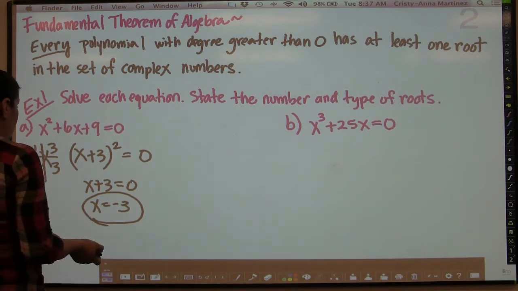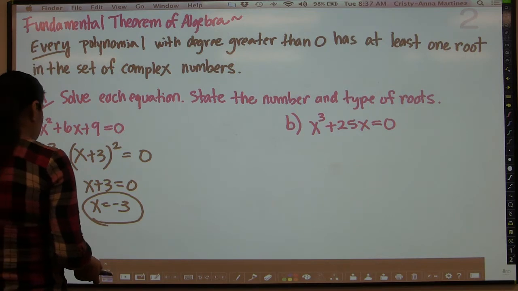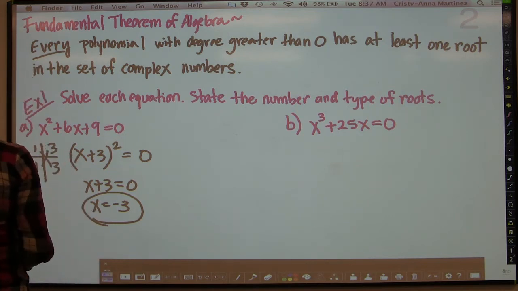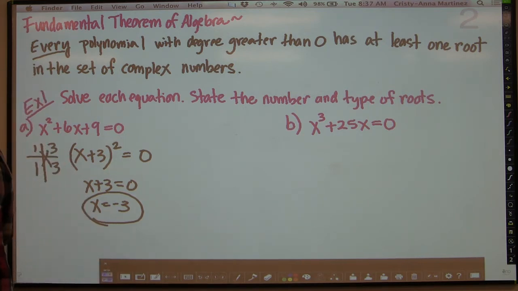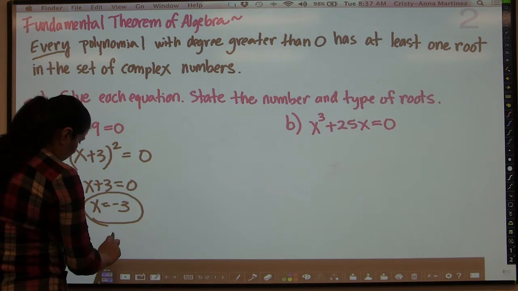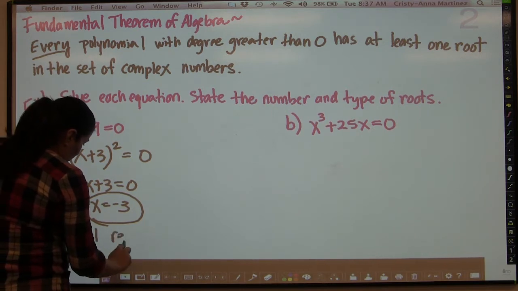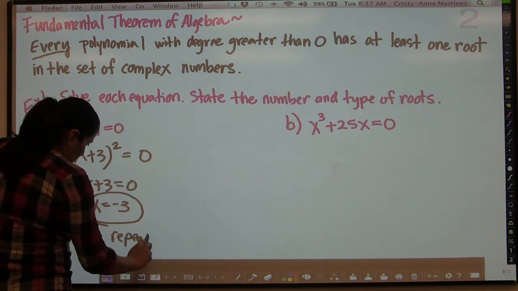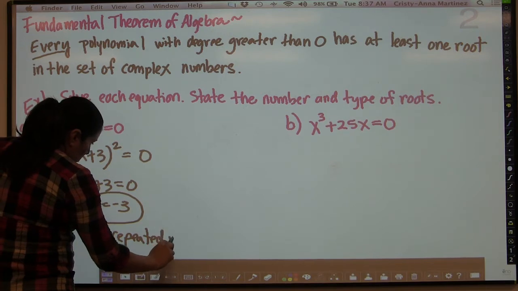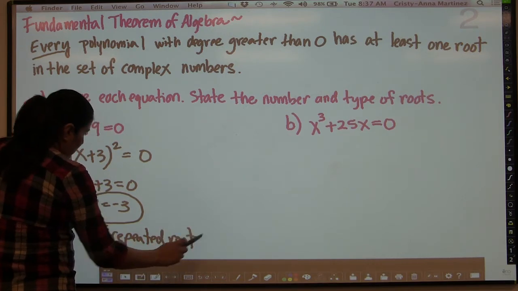So state the number and type of roots. The number of roots is 2, and this number is going to be rational. This is what we call a repeated root, because we got the same thing twice.